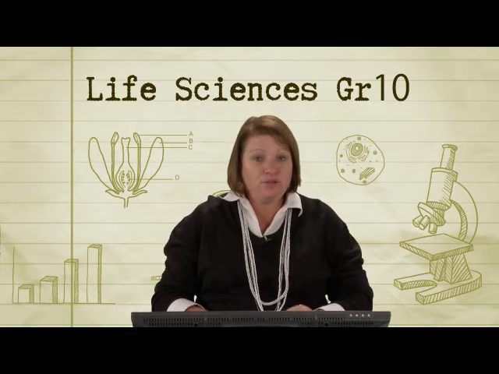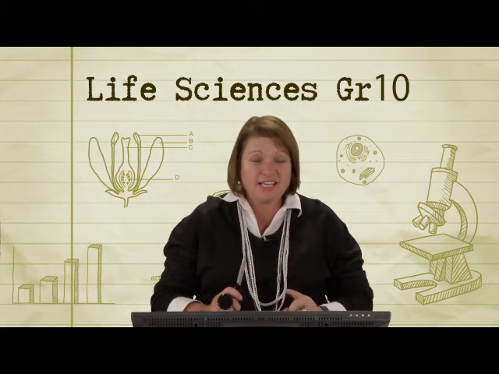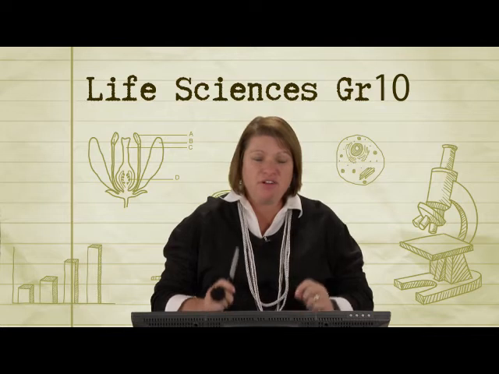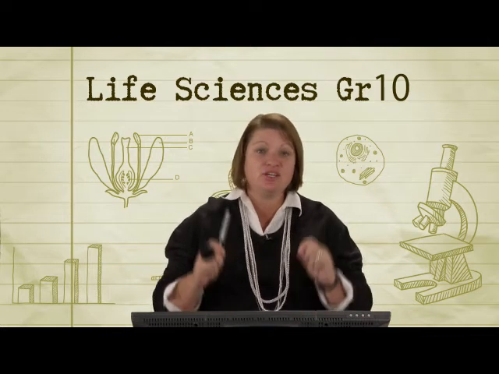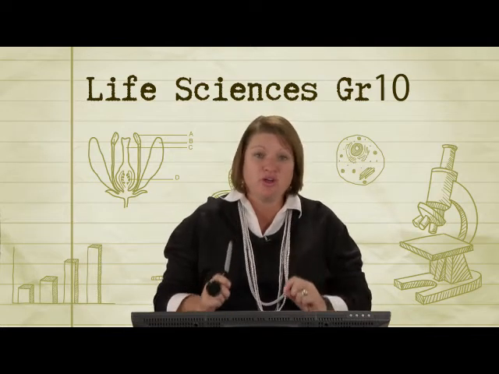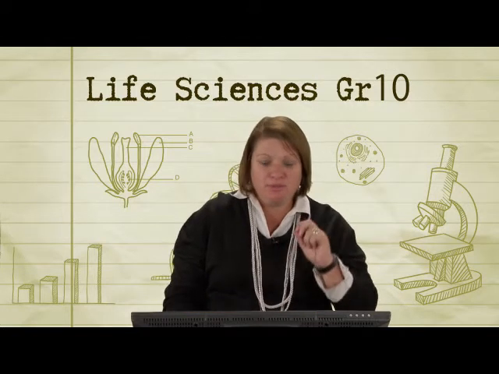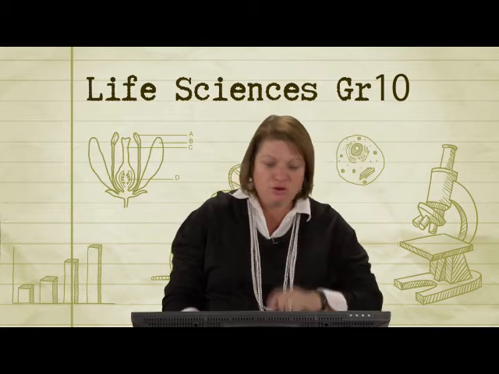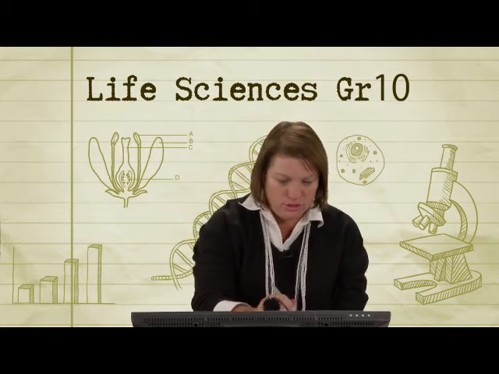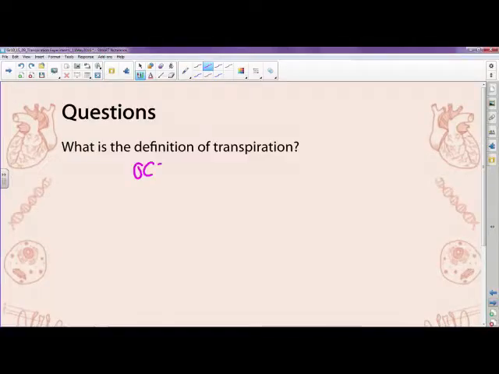I hope you got the right definition. As I said to you last time, it's very important that you understand certain terms, terminology, when it comes to life science. What did I want you to be able to write? First of all, transpiration occurs through the upper parts.